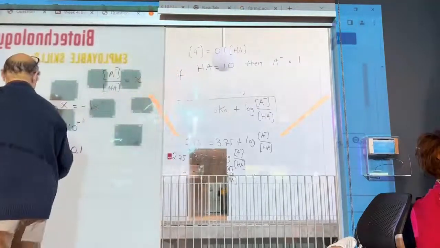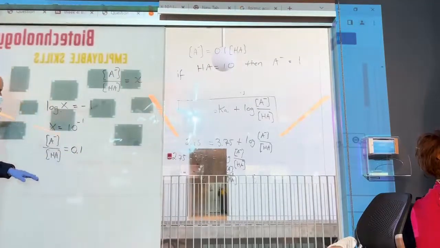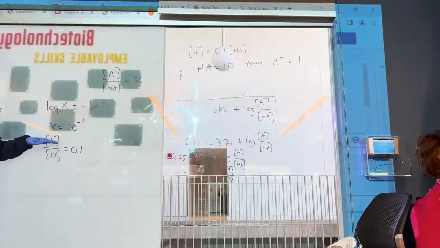And that's what we had over here. So no matter what this value is, this is always going to be 10 times smaller. If this is 20, this is 2. If this is 0.1, this is 0.01, and so on and so forth. So what is the question asking? Let me read it again. What is the fractional charge on the acid at a given pH?